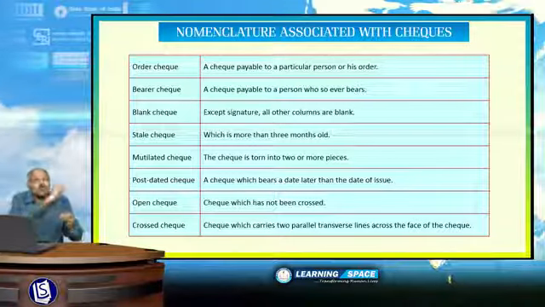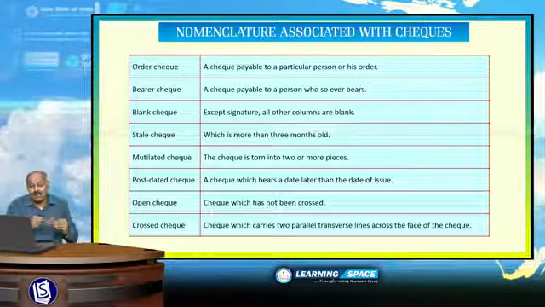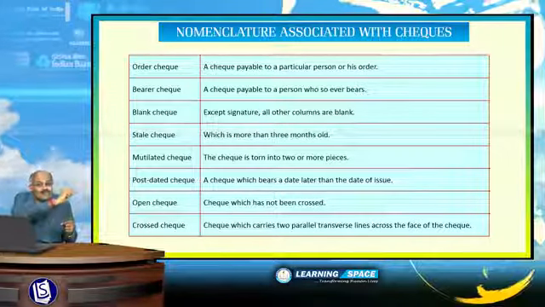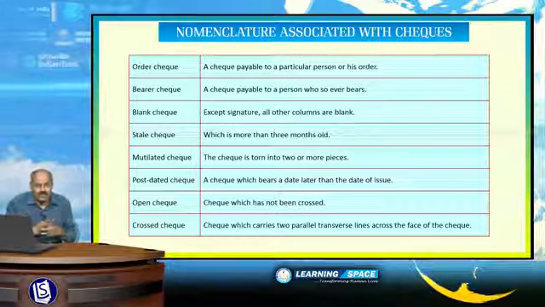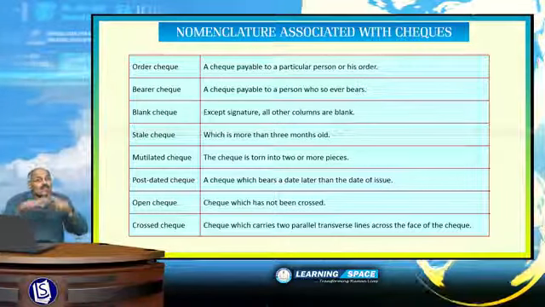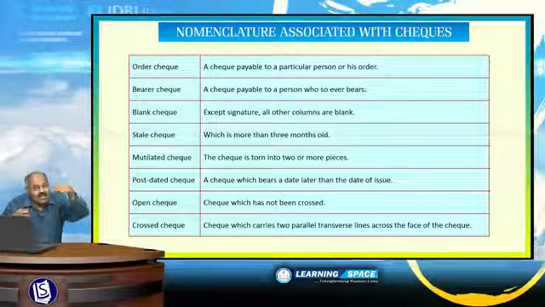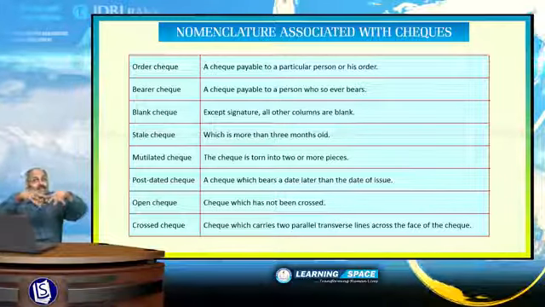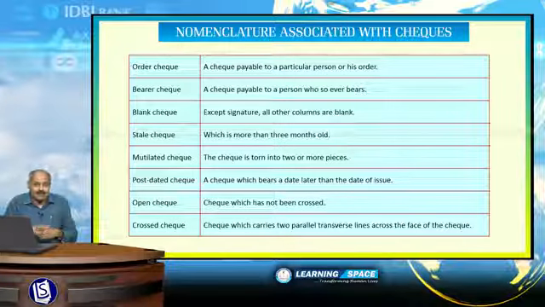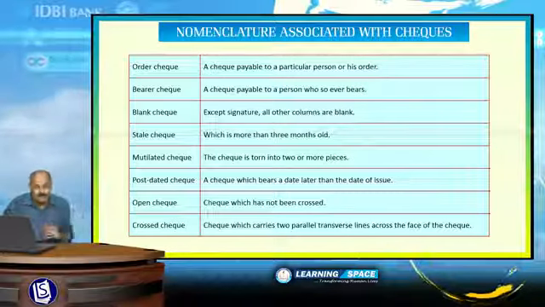Crossed means 2 lines, and the other one is a crossed check. A crossed check is the check which carries 2 parallel transverse lines at the corner of the check. So, what is the meaning of crossing? Crossing means that the check will not go into fraudulent hands and will go to the genuine person through account payee only. That is the meaning of a crossed check. So, these are the words associated with checks, please don't forget.